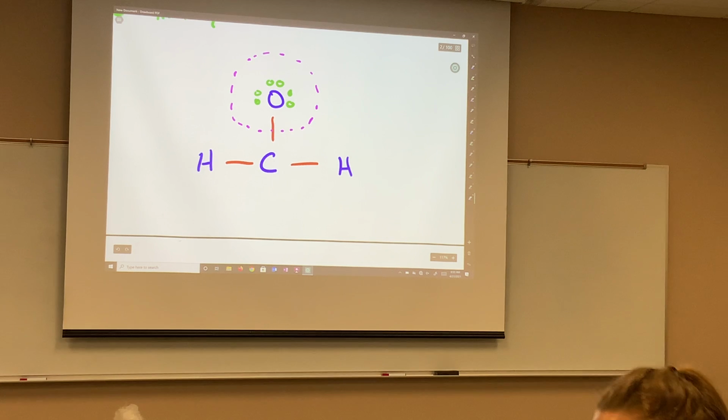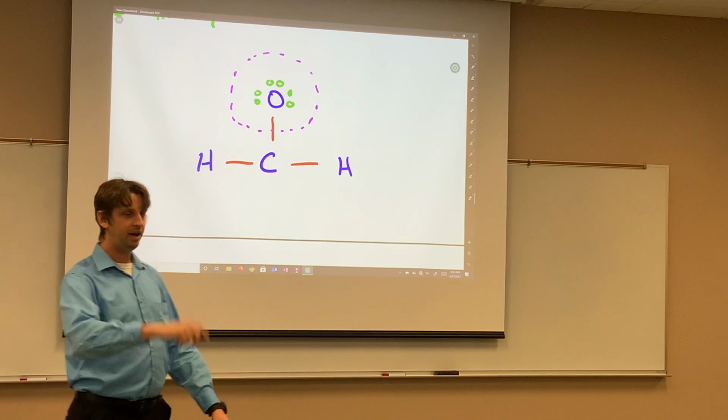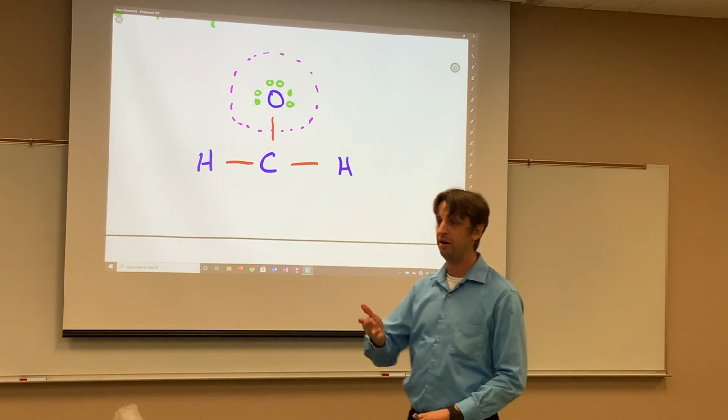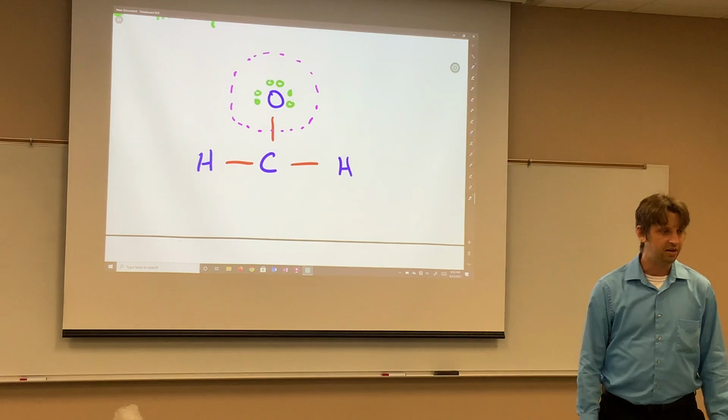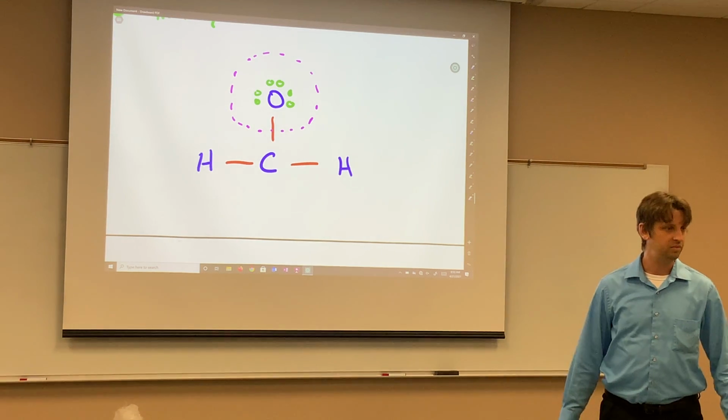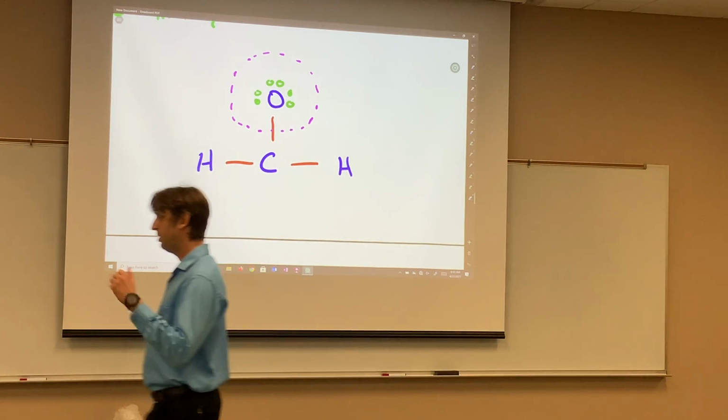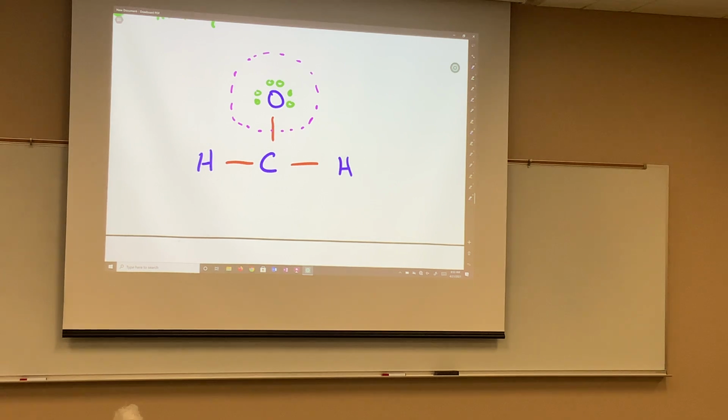My magic science circle surrounds the atom that I'm looking at, and it cuts through the bonds of the structure that I've drawn. Everybody with me still? And then I count how many electrons are in my circle. So 1, 2, 3, 4, 5, 6. Those are the easy ones. I just count my lone pairs. And then since I cut my bond in half, I count 1 electron from my bond. Good? So I have 7.